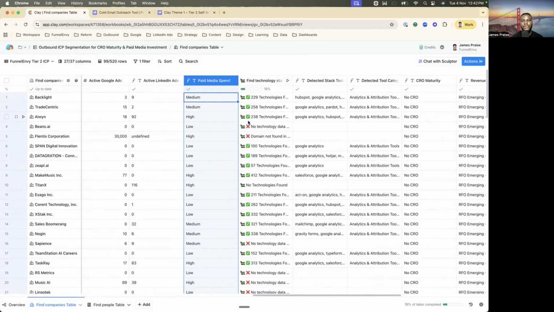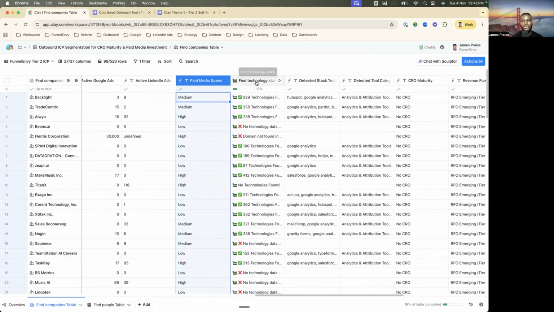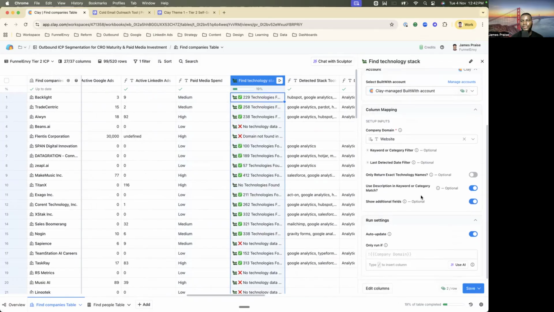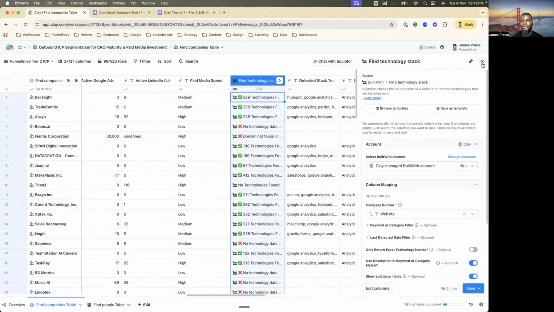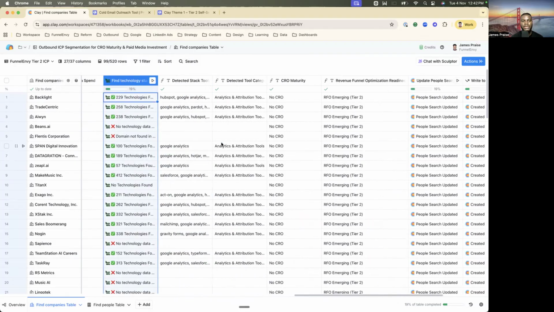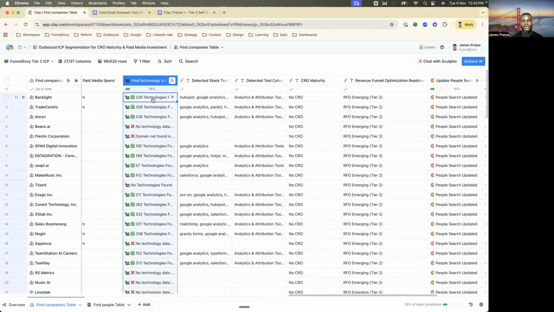And then I was able to find technology with BuiltWith. I had a BuiltWith account here that gave me information on what technologies they were using. And I was looking for some specific technologies, right? And again, after finding technologies, I had to normalize the data to basically give me the exact stack tools found.